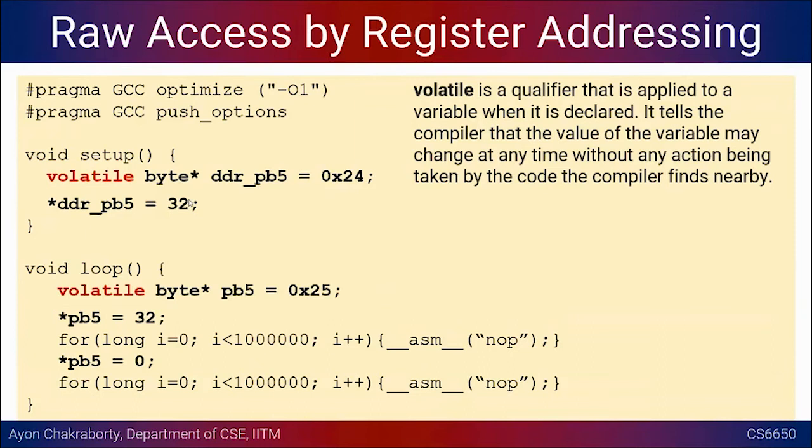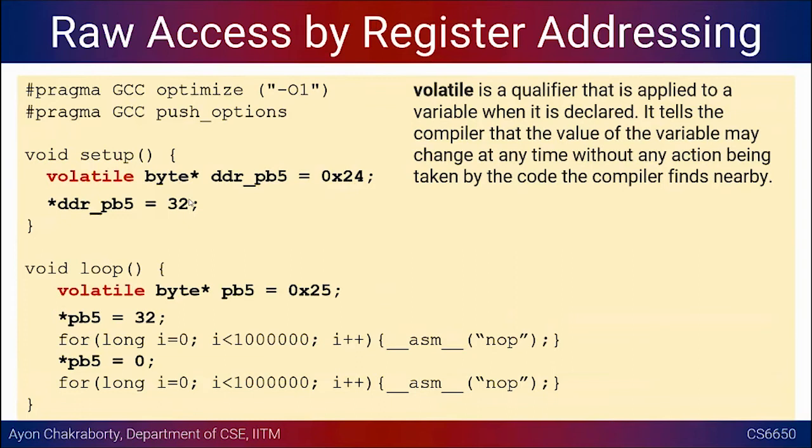If you want a little more explanation on volatile, I could refer some materials so that you really know how to use this volatile qualifier while programming embedded systems. If you don't do it properly, certain updates could be lost. This is quite important. In our case, it might not matter a whole lot, but it is a good practice to use this volatile qualifier.